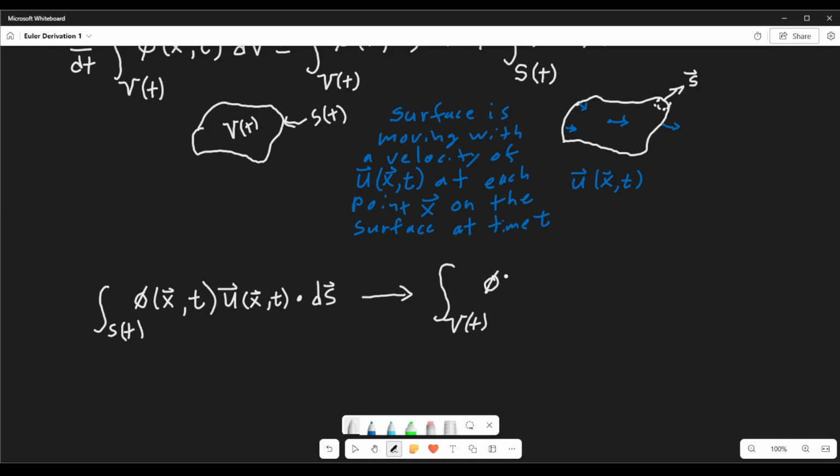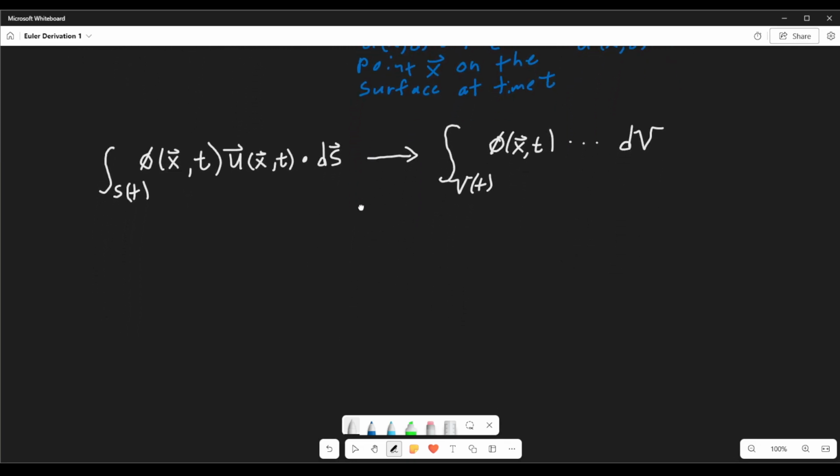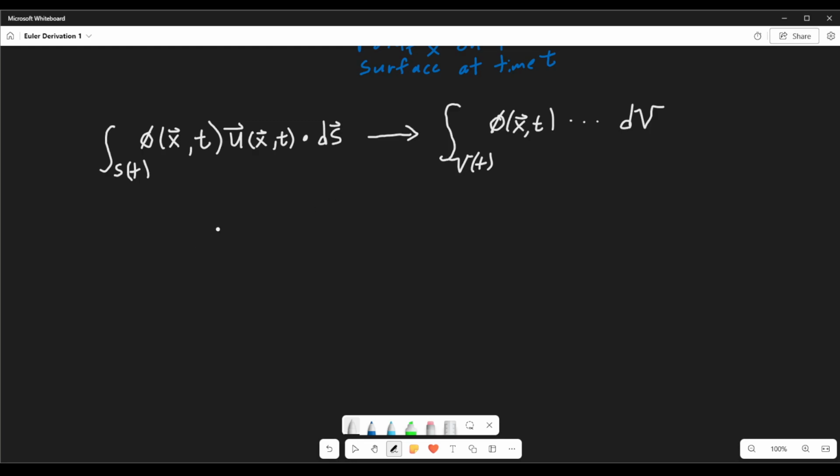I'll call it sigma. The concept of how to do this is to use Gauss's law.